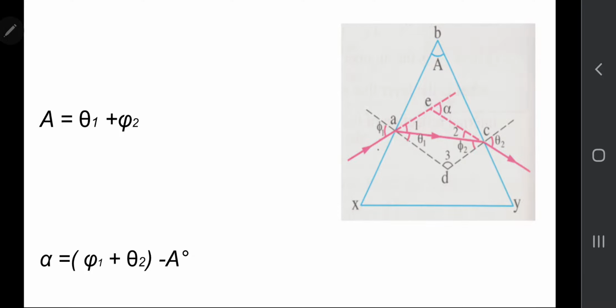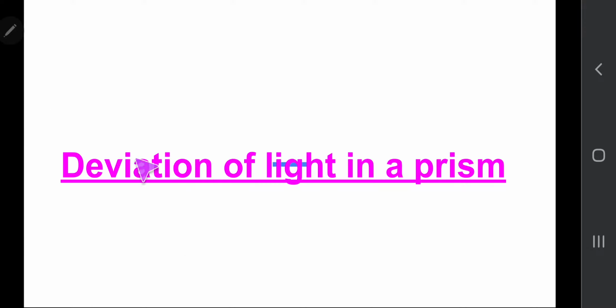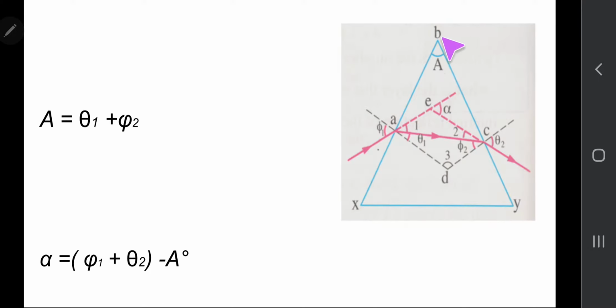To prove these two laws, we must use the shape ADCB, a quadrilateral, where the sum of angles equals 360.